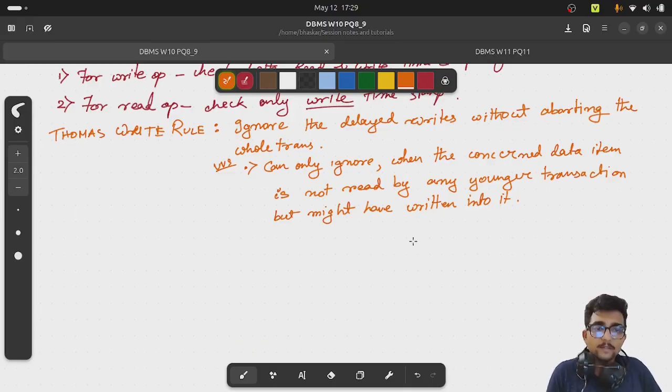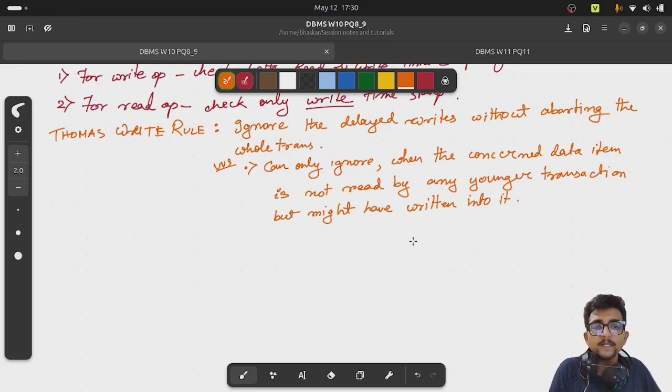Therefore, if there is a read statement in the schedule done by a younger transaction, then I cannot simply ignore the delayed write, because that write should have come earlier in time, and the data written by that write should have been read by this younger transaction. But when no one has read it, only written into it, then that write doesn't make any sense.